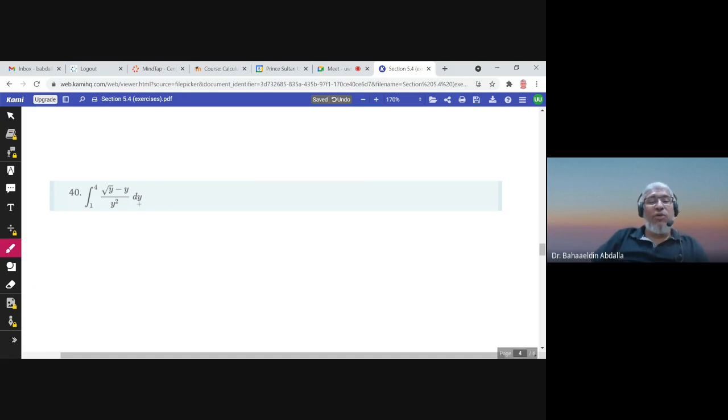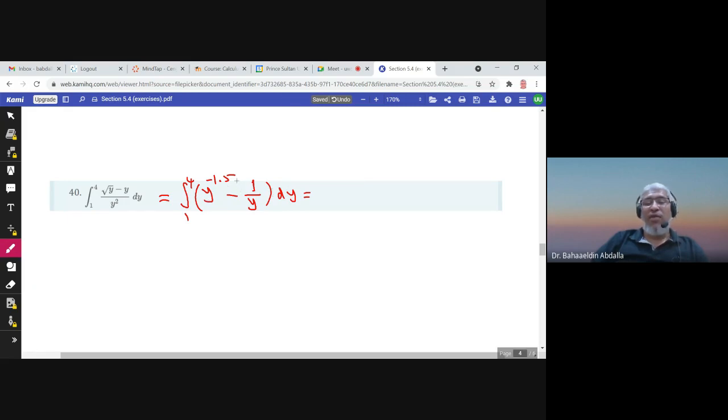I need to write it as follows. Distribute. This is y to the power half minus 2, which is negative 1.5, minus 1 minus 2 is negative 1, or 1 over y dy. So y to the power negative 1 over 2.